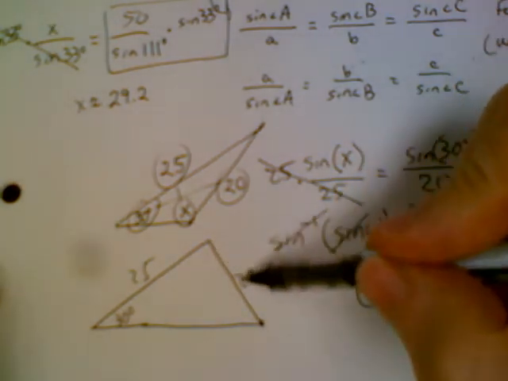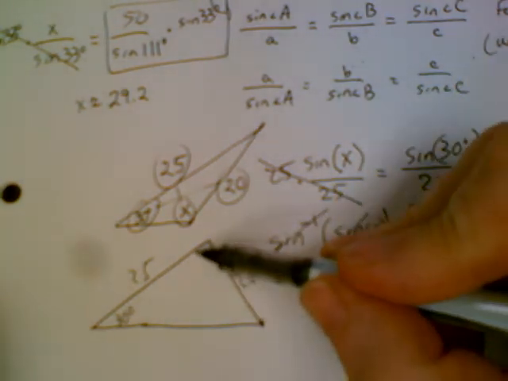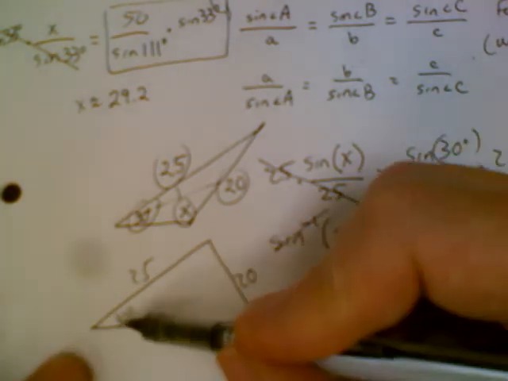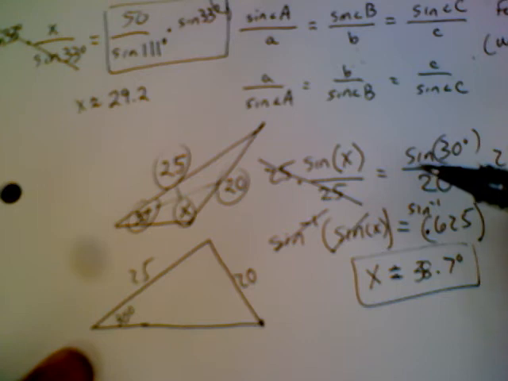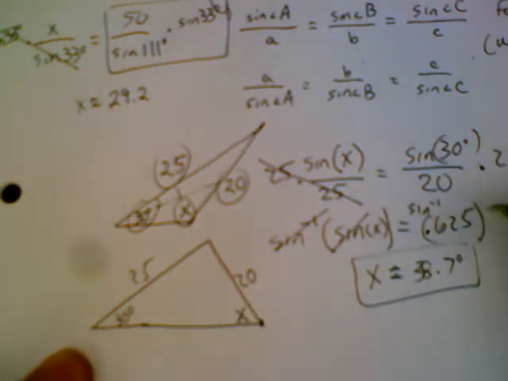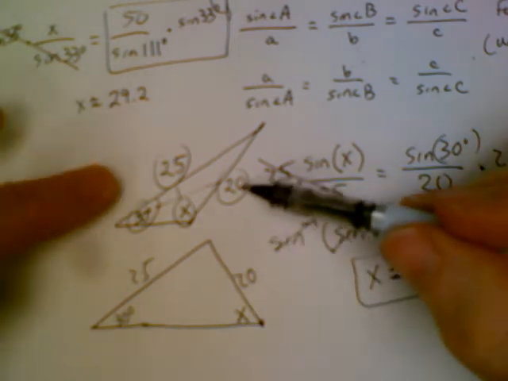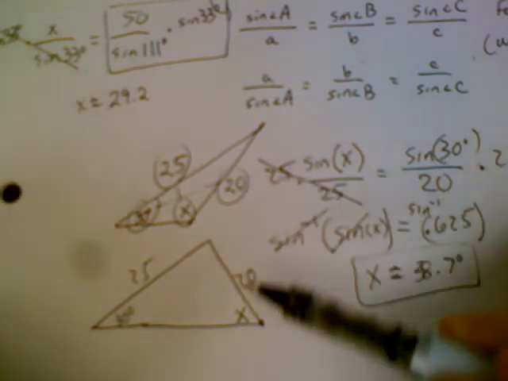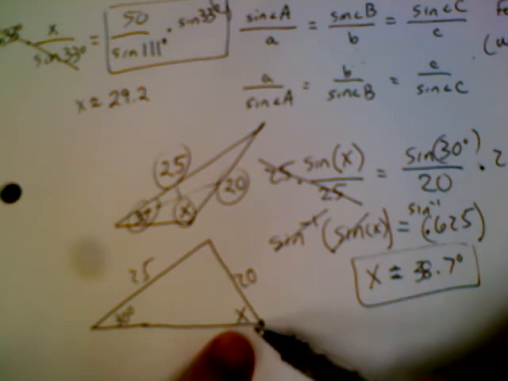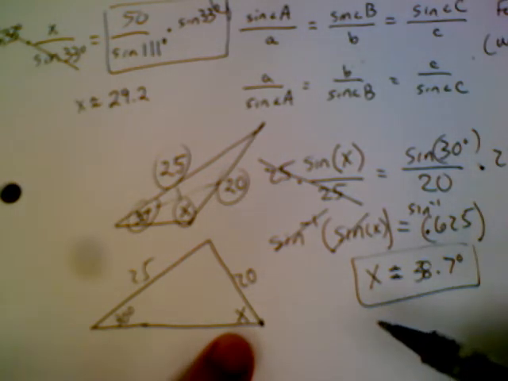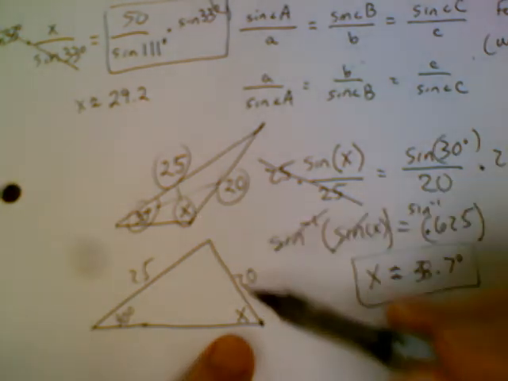Wouldn't you agree this segment still looks a little bit shorter than that one? If this one's 25, that could be 20. Wouldn't you agree that this angle still seems to be roughly 30 degrees? And then if I put the x over there, I have a diagram whose information is perfectly consistent with this diagram here. But now that angle looks like it might really be 38.7 degrees. So what's the answer? The answer is, in this case, there are two solutions.